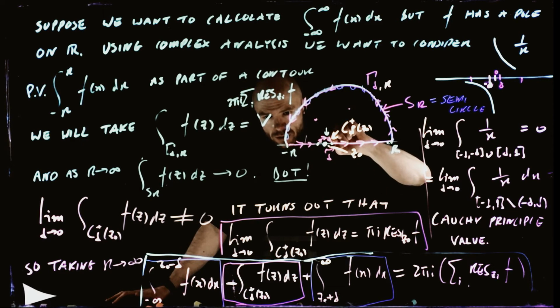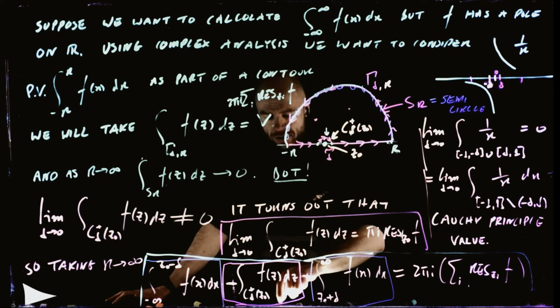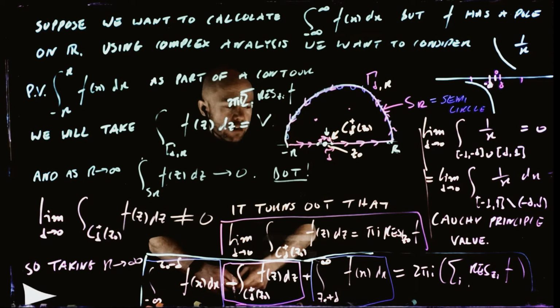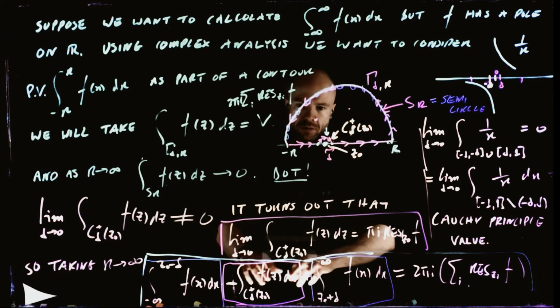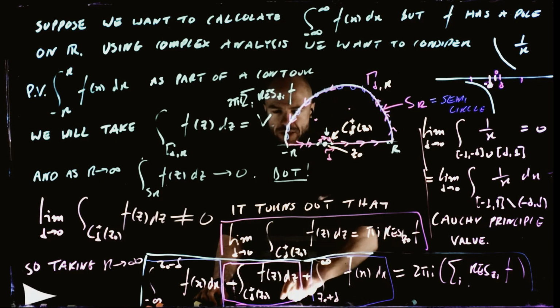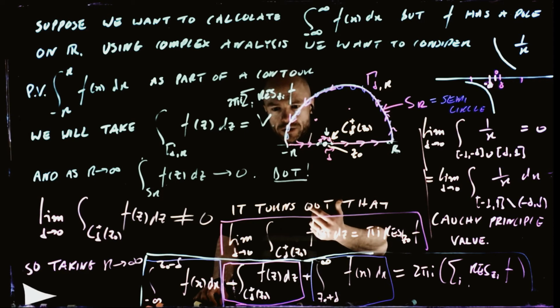So if I try to explicitly calculate it going anti-clockwise, I'm going to have minus this expression. And therefore the Cauchy principal value will be all the residues plus half of the residue, because I can explicitly calculate this, when we take the orientation to be anti-clockwise, to be exactly half of the residue there.